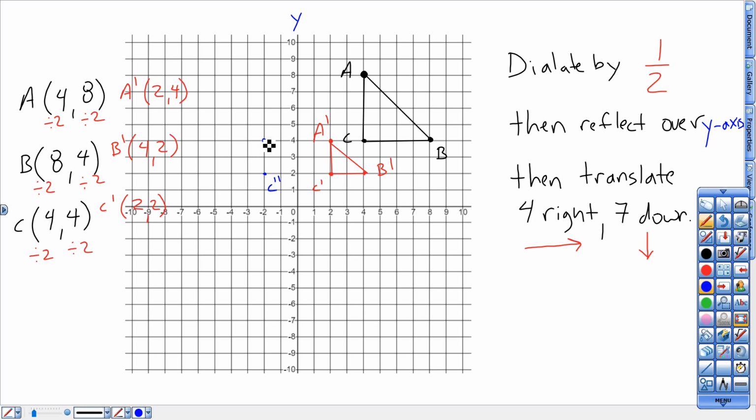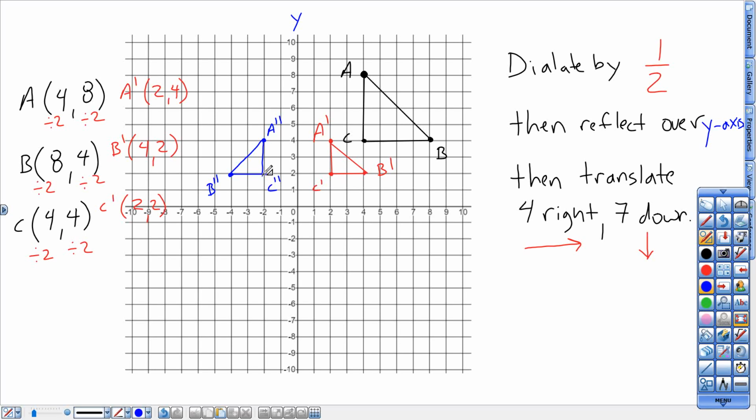The new A double prime, 2 to the left. B is 4 to the right. B prime is going to be 4 to the left right here. B double prime. That is the triangle after it's been reflected over the y-axis. Second word is shoe. Shoe.